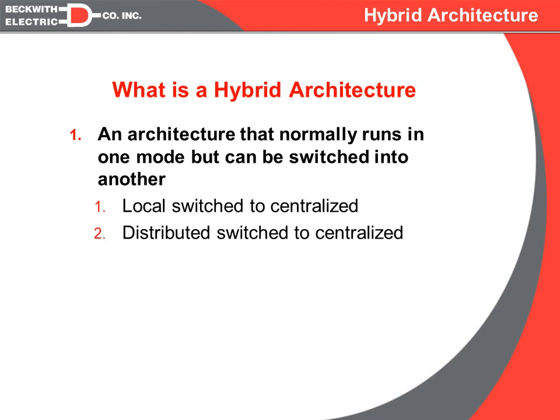Finally, we have the hybrid architecture. What the hybrid architecture basically does is it says that you're normally going to run in one mode, but you may occasionally switch to another.